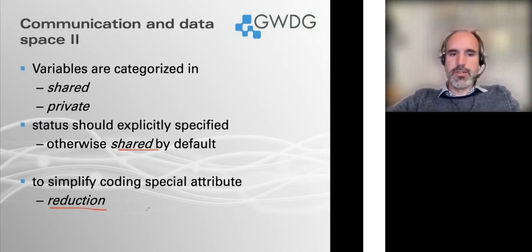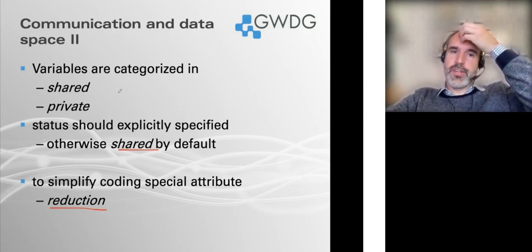Then you can use a reduction with the operator plus. If you use reduction as an attribute of the variable, then it's implicitly private, because of course every thread might have a different value for this variable.